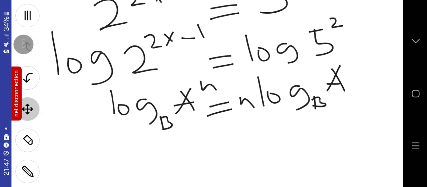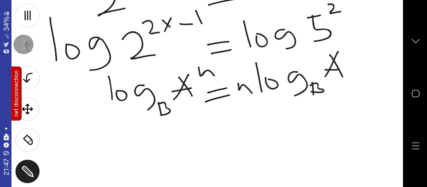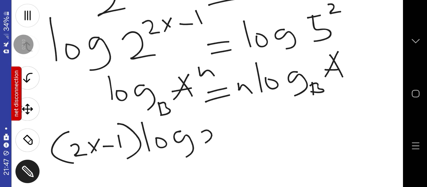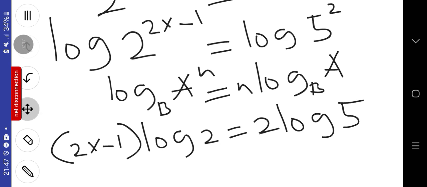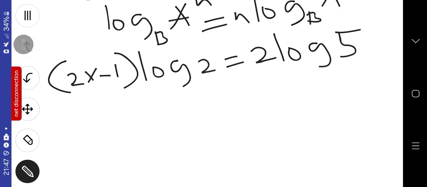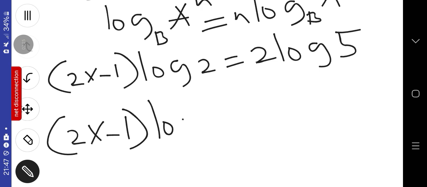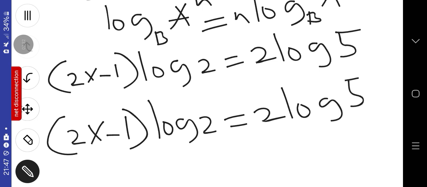Now the equation becomes 2x minus 1 log 2 equals 2 log 5.